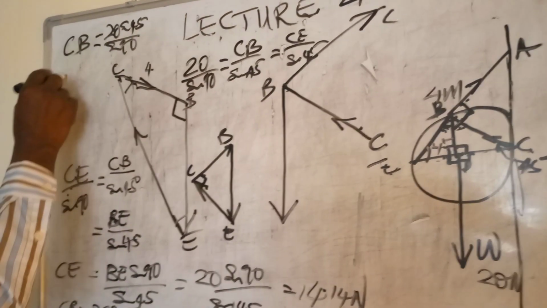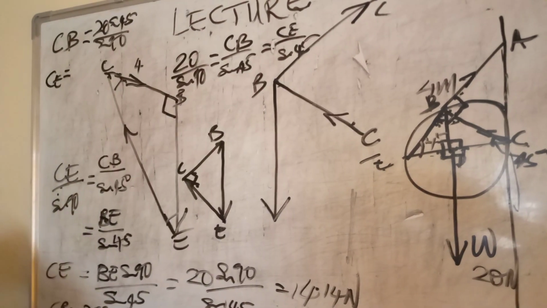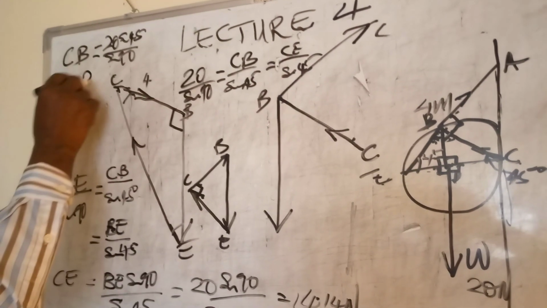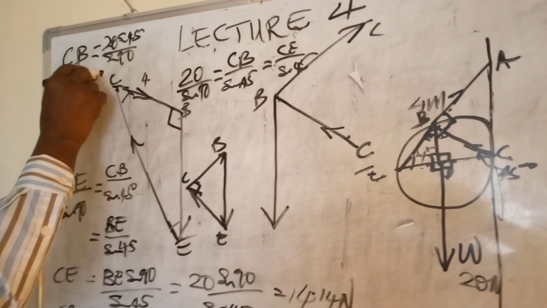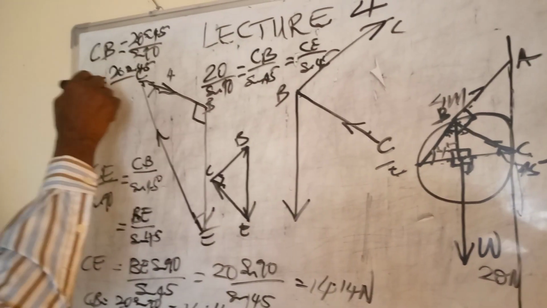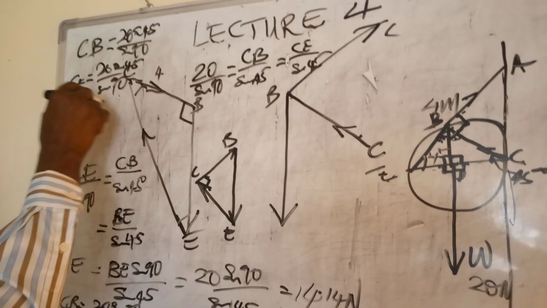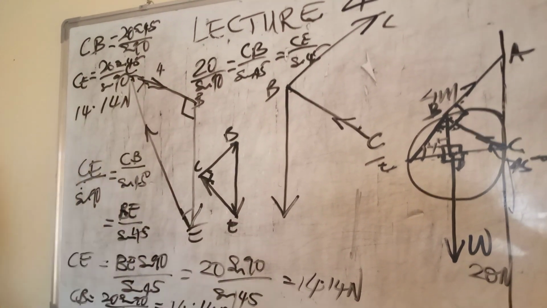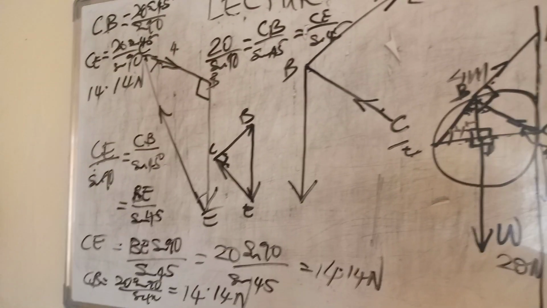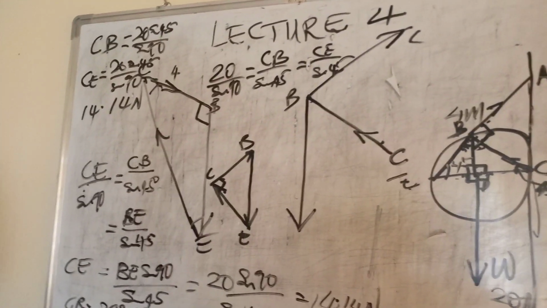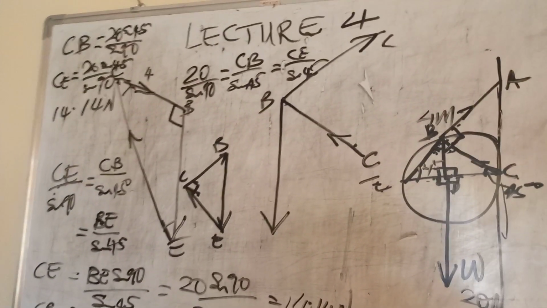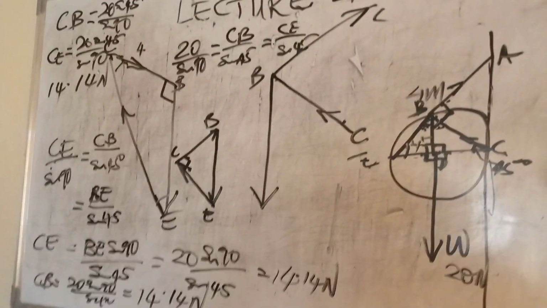So CE is equal to 20 sine 45 over sine 90. Each of them gave 14.14 newtons. It's as simple as that. So that's the end of this, being able to get the reactions.